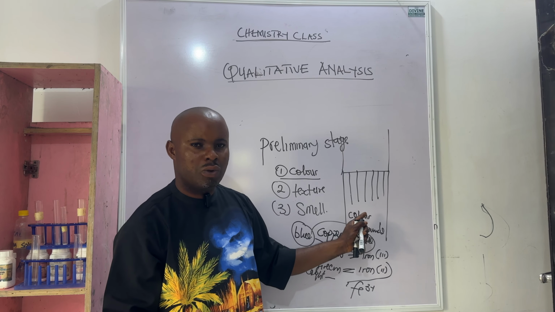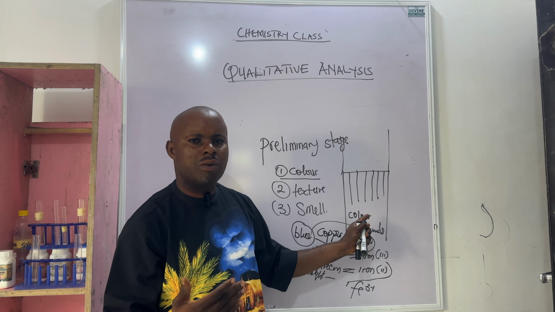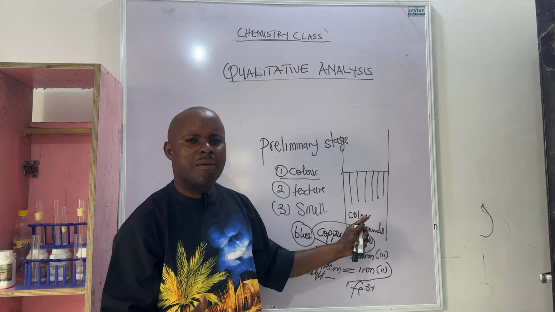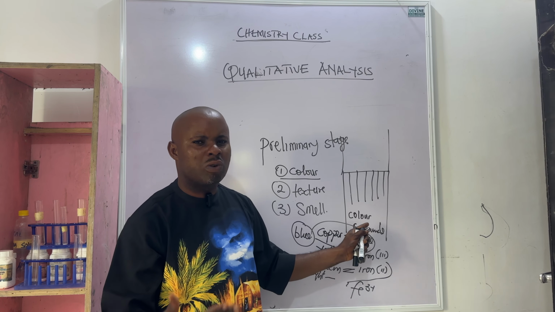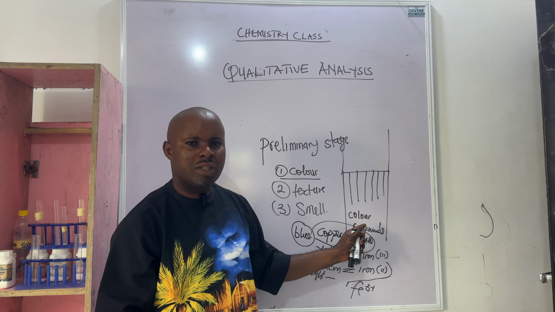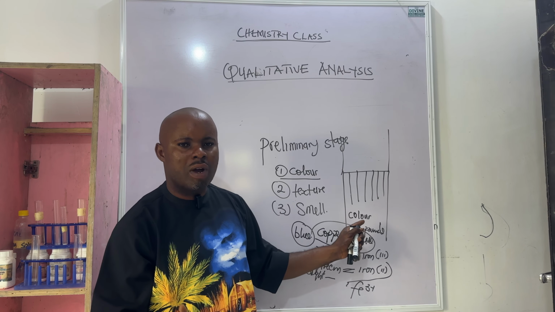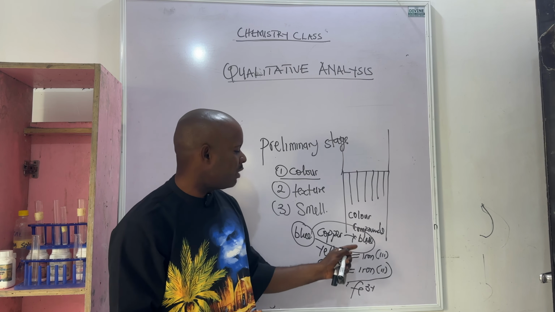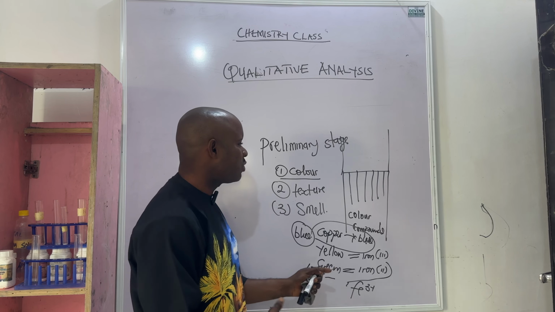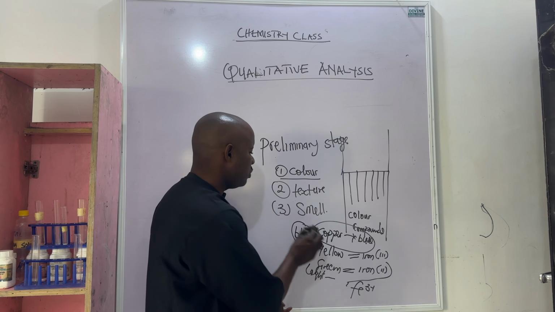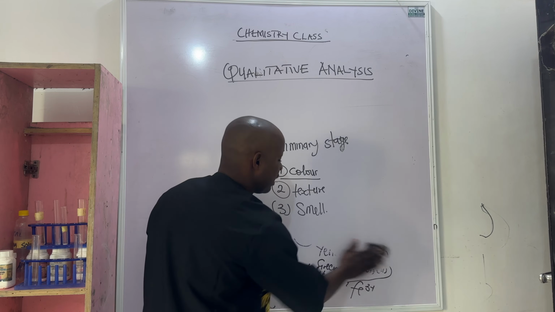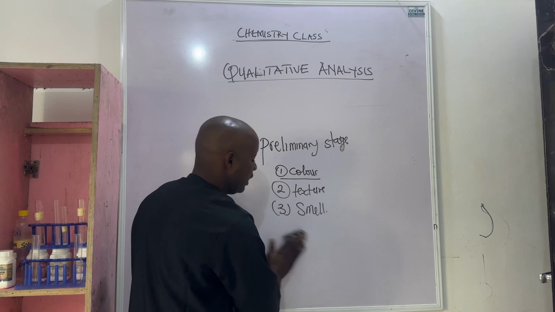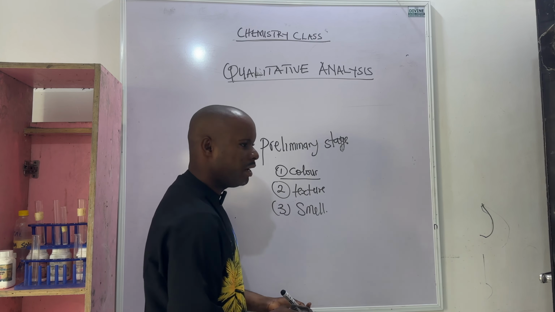When you have yellow, you can infer that it contains iron 2 or iron 3. When you have a brownish salt, you can infer that such salt might contain iron 3 because it has oxidized from iron 2 to iron 3. We can use these major characteristics to identify certain salts in the laboratory. As I've said, color is very important in the laboratory as a primary stage of identifying these ions.